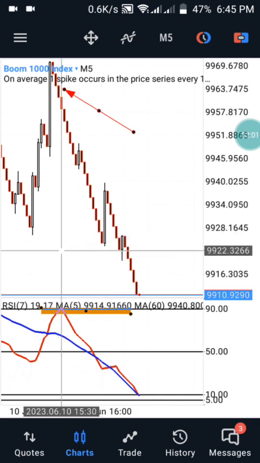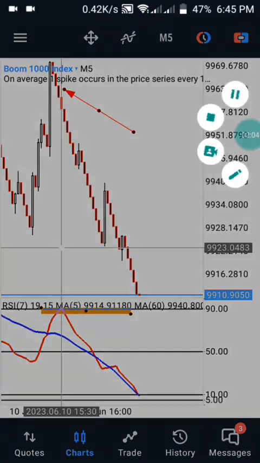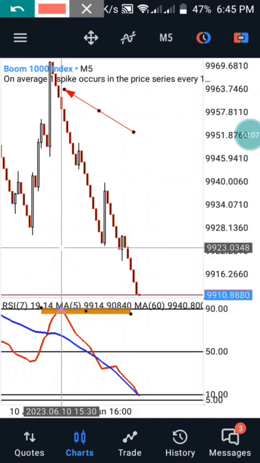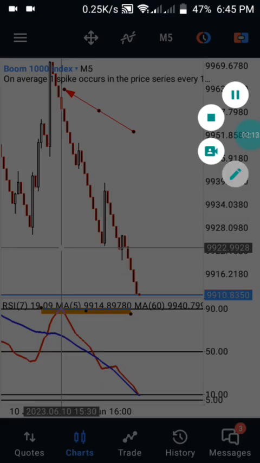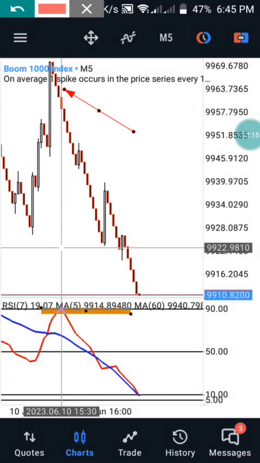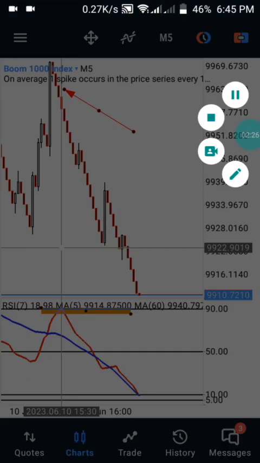I told you that we have two moving averages on our main chart settings, which are the red one and the blue one. If the red 9 is moving on the 90 level, and the blue 9 is trading above the 50 level, that's the right time for us to take this particular trade.